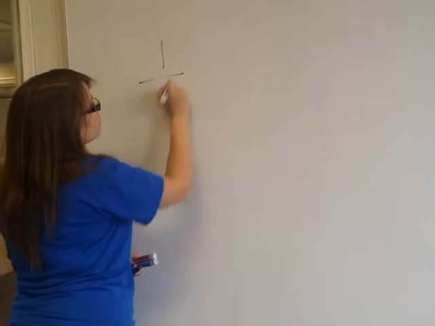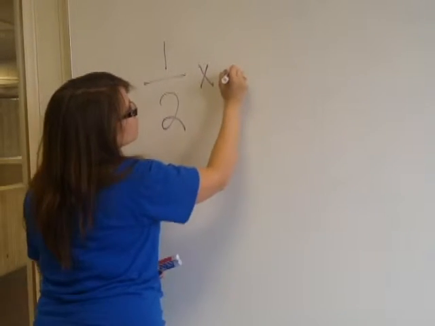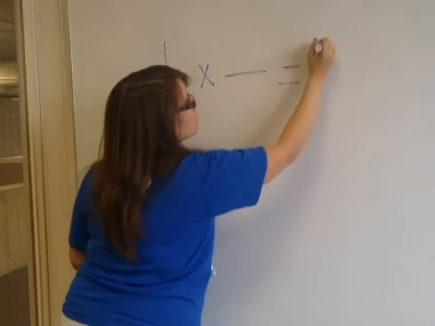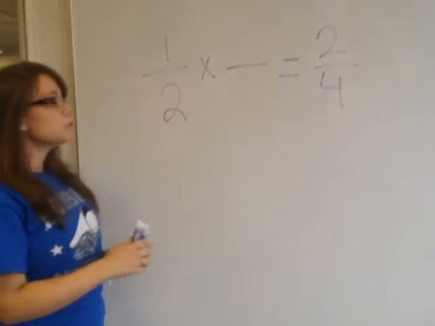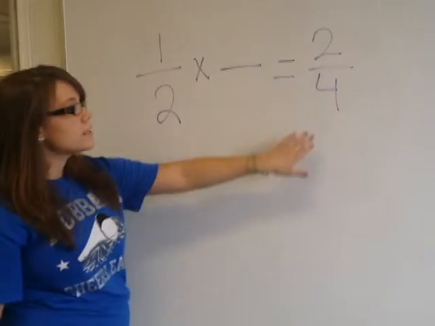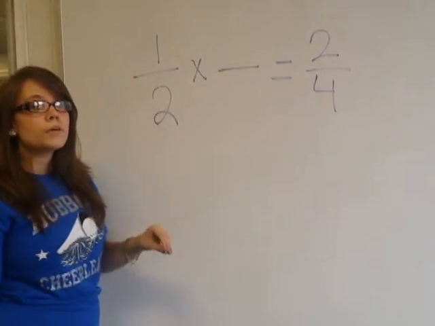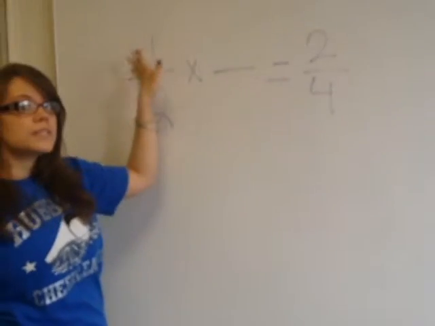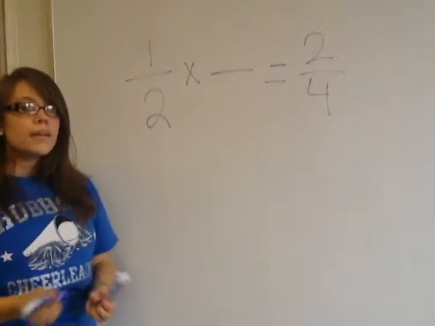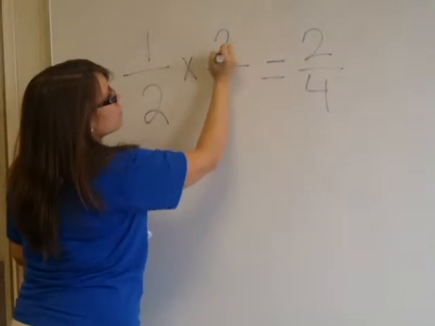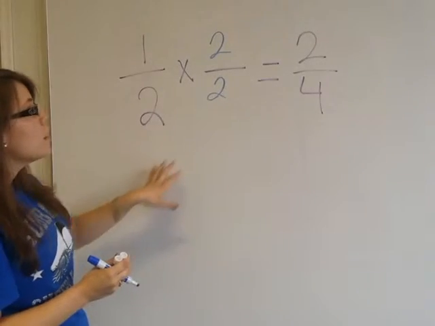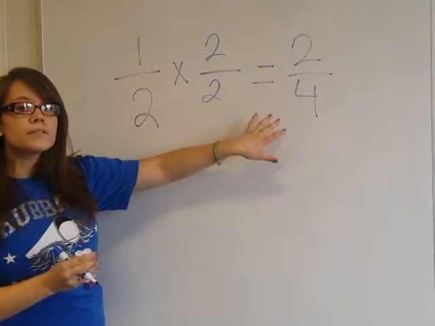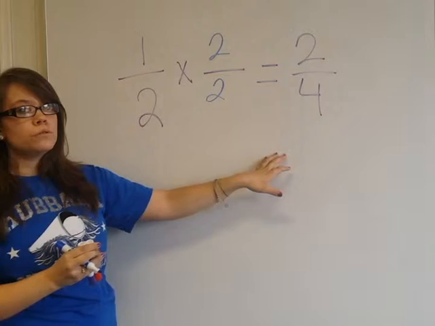So if we look at 1/2 and 2/4 again, you would want to see what you would multiply 2 by in order to get to the number 4, and then that same number you would have to multiply 1 by in order to get to the number 2. So that number would be 2. Since you're multiplying your 1/2 by 2/2 and getting 2/4, you know that 1/2 is equal to 2/4.